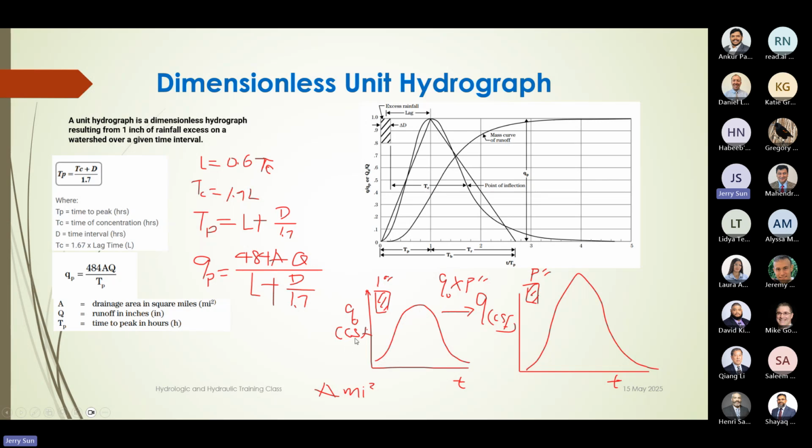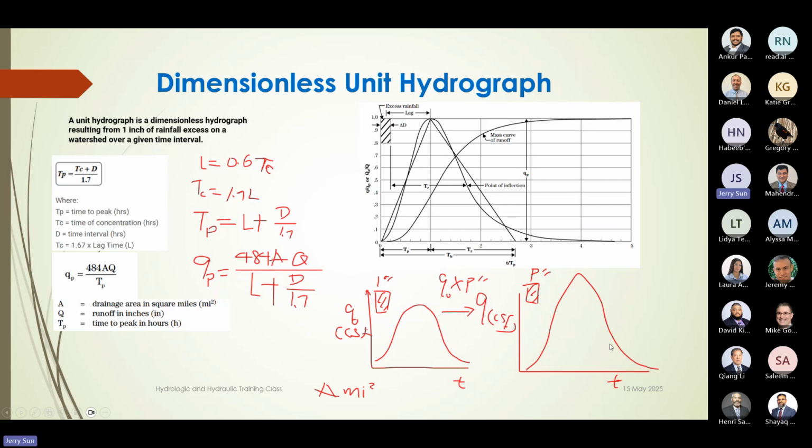Then once the watershed has a unit curve, if you want to see the hydrograph for, for example, 10 inches of rainfall, you simply multiply this curve, and a larger curve comes out. This is the hydrograph for the watershed.